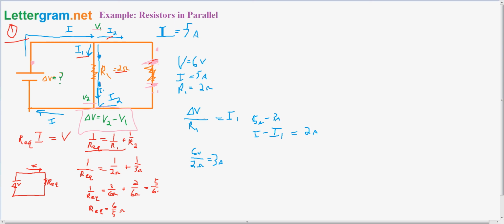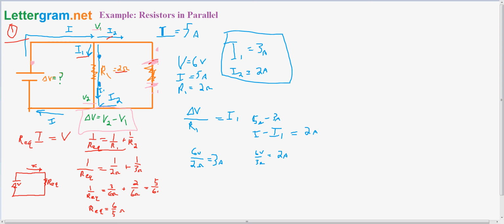Double check that using the change in V, and we had REQ equal to 3 ohms. So we have 6 volts divided by 3 ohms, and that'll equal 2 amps too. Okay, so now we have I1 equal to 3 amps, I2 equal to 2 amps.